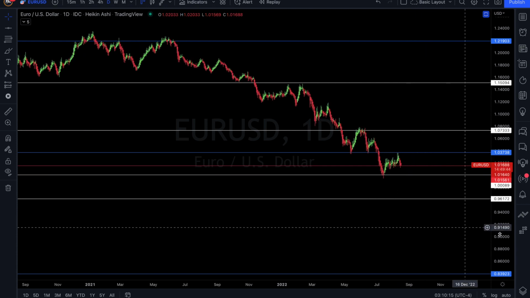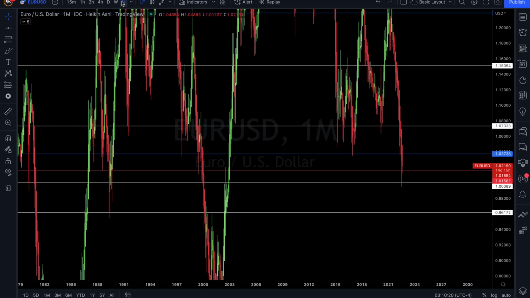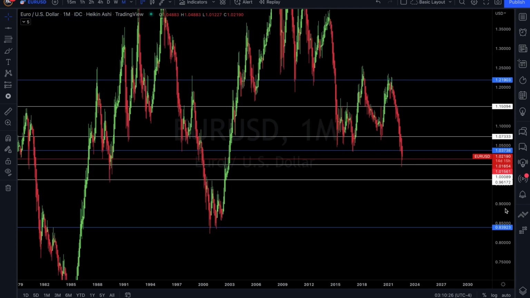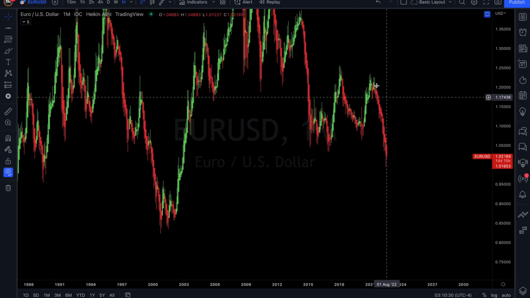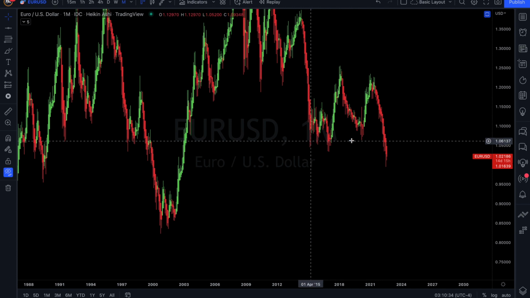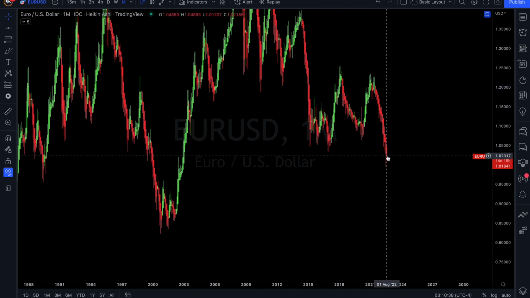Okay. So when we go from the monthly to the weekly and daily, remember when I talked about putting everything together from the monthly standpoint, that this right here is breaking major structure, a monthly major structure, and it's pulling down.